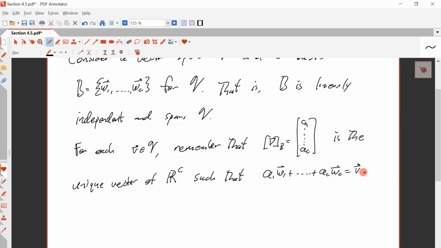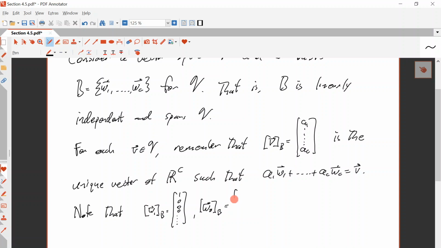All right. Note also that w1 with respect to basis B is just the elementary vector 1, 0, 0, 0, like that. W2, the coordinates of W2 with respect to B, that was called the coordinates of V with respect to B. The coordinates of W1 with respect to B are that.